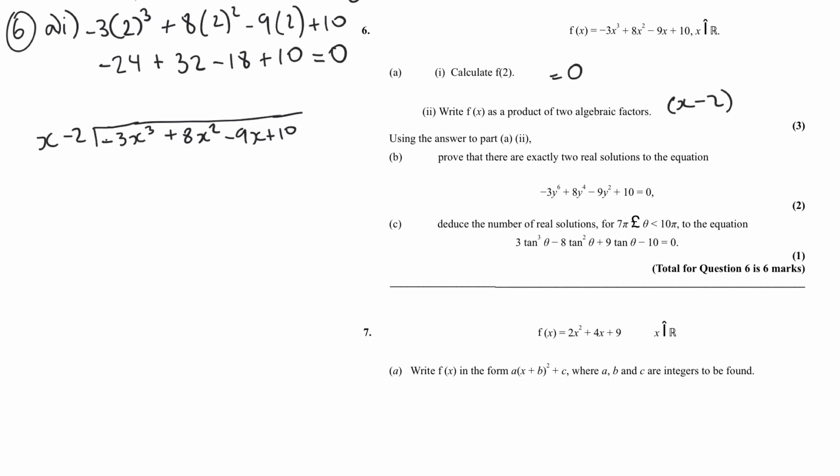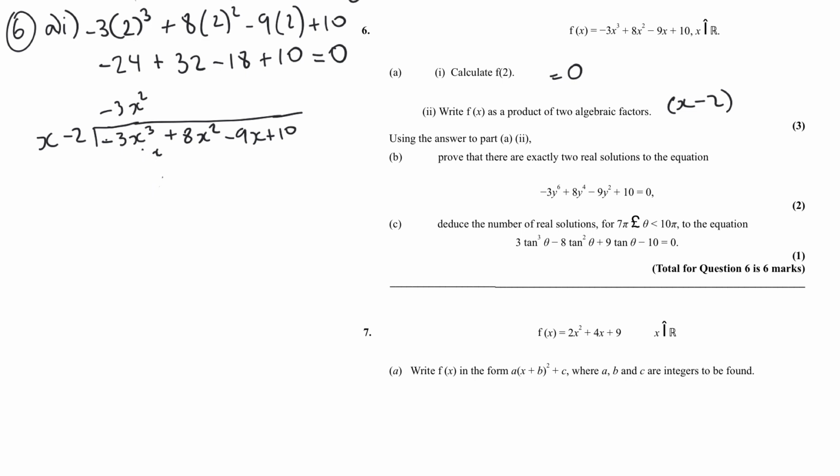Okay, so now what we need to do is, because we can see that between minus 3x cubed, if we were to divide that by x, we would end up with minus 3x squared. So that's going to go onto the top.